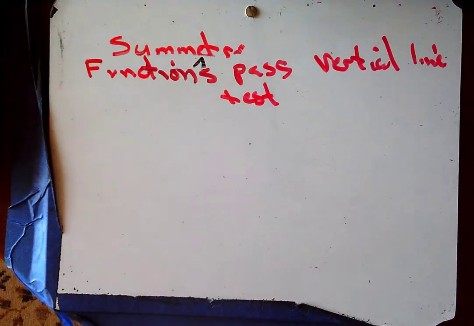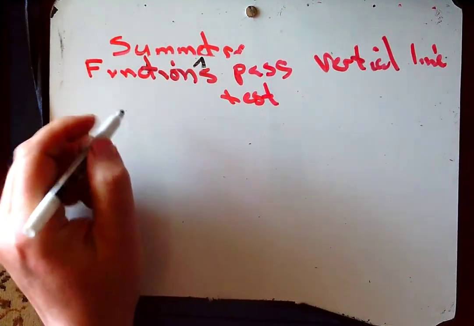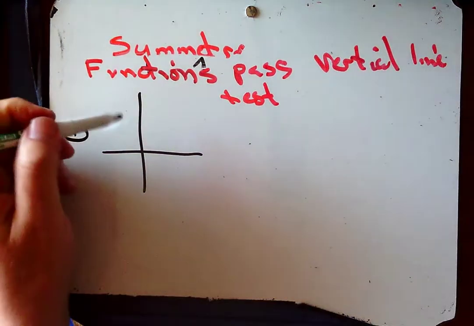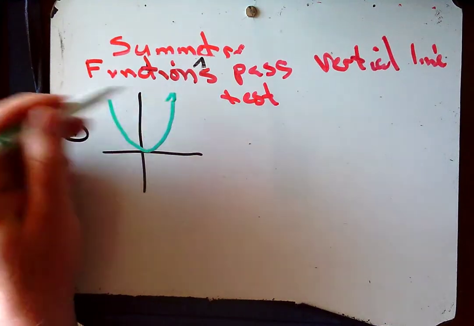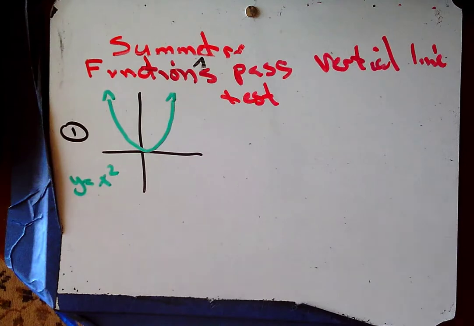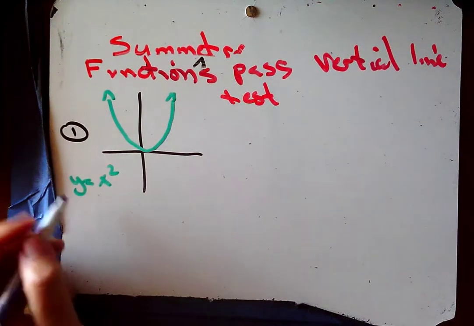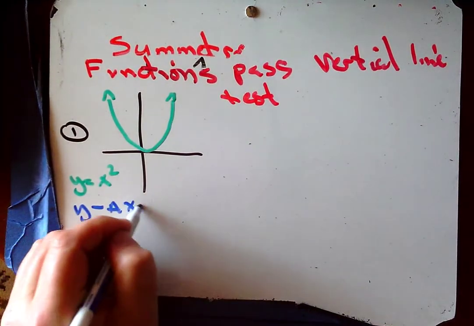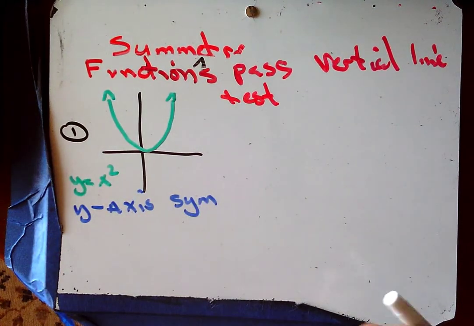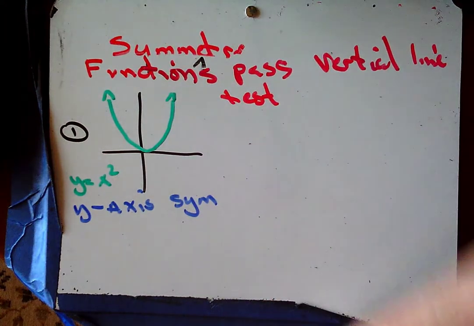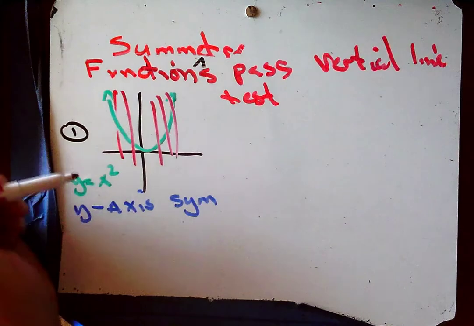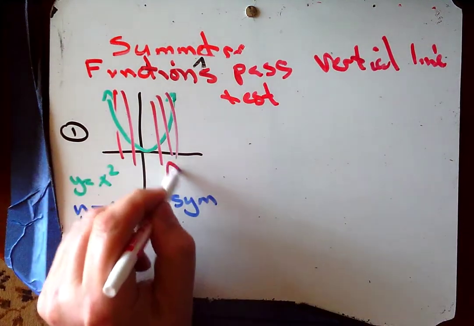So when I look at some of the cases we've just noticed, our parabola y equals x squared, this thing we know has y-axis symmetry, but we also know that this is going to pass the vertical line test. So we know that y equals x squared is a function.